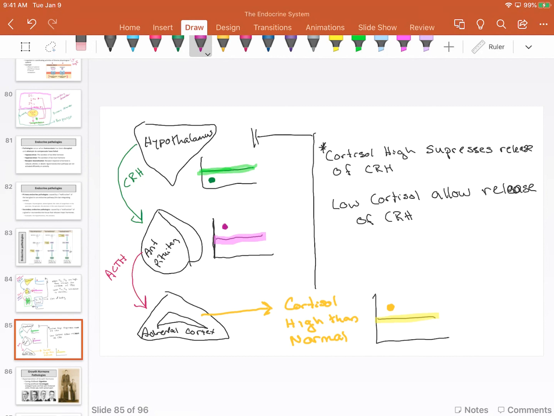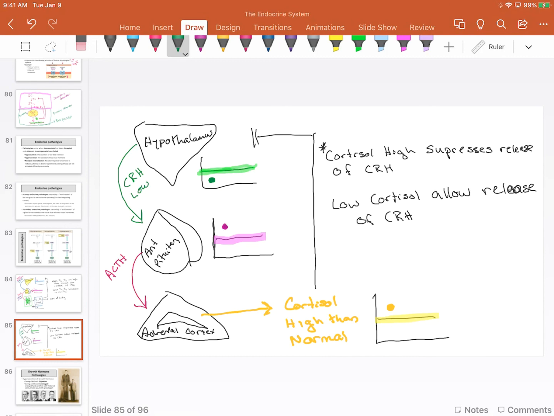If my CRH levels were low, so low CRH levels, my ACTH levels, should they be high or should they be low? I'm hoping you answered they should be low, because CRH controls the release of ACTH. So if I don't have CRH, I'm not going to be producing much ACTH.